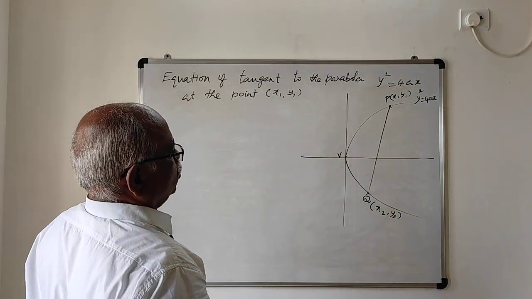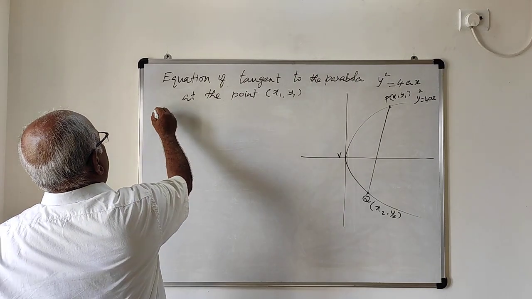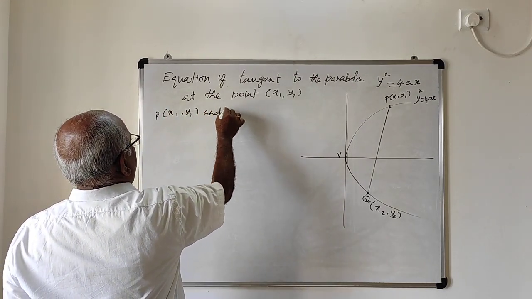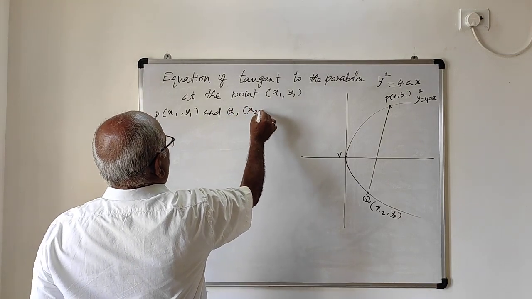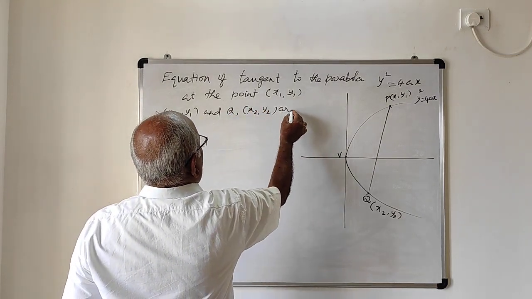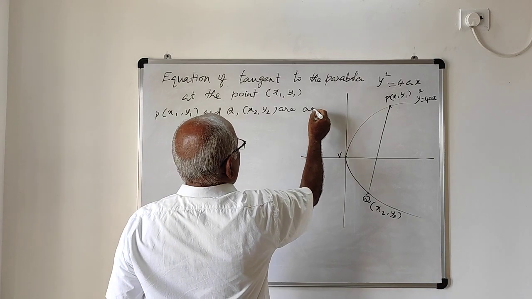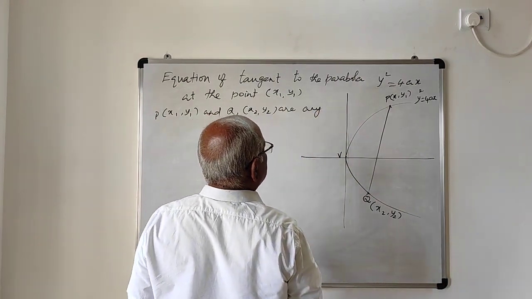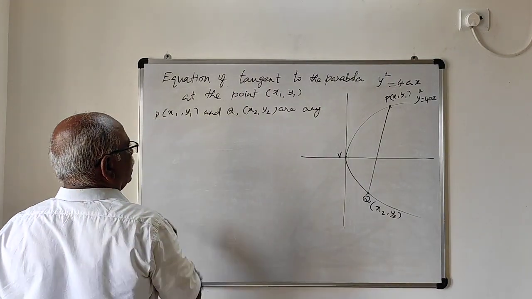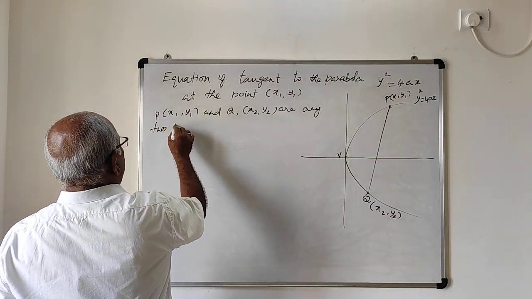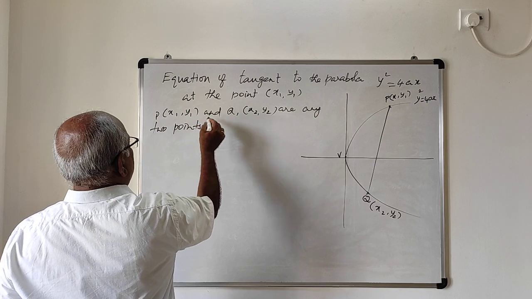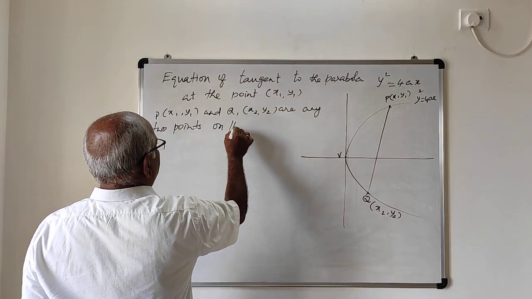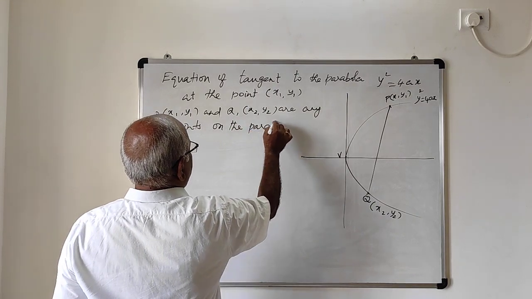So P x1, y1 and Q x2, y2 are any two points on the parabola y square equal to 4ax.